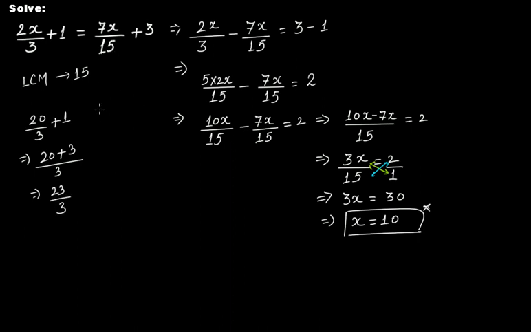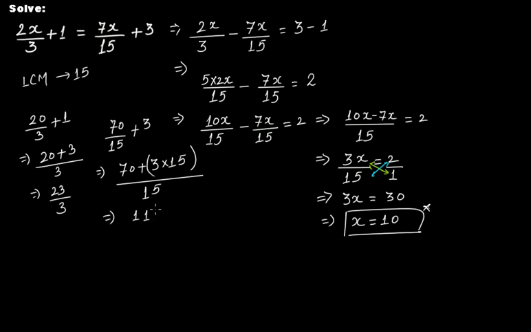Put the value here. 7 times 10 is 70 over 15 plus 3, this becomes 70 plus 3 times 15 divided by 15, and you get 70 plus 45, which is 115 divided by 15.